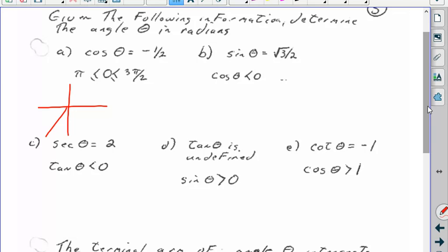Now, forget the negative. Go to your special triangle. Where is cosine equal to 1/2? Forget the negative. Where is cosine equal to 1/2? It's equal to pi over 3. Adjacent, hypotenuse. So what I found here is a reference angle of pi over 3.